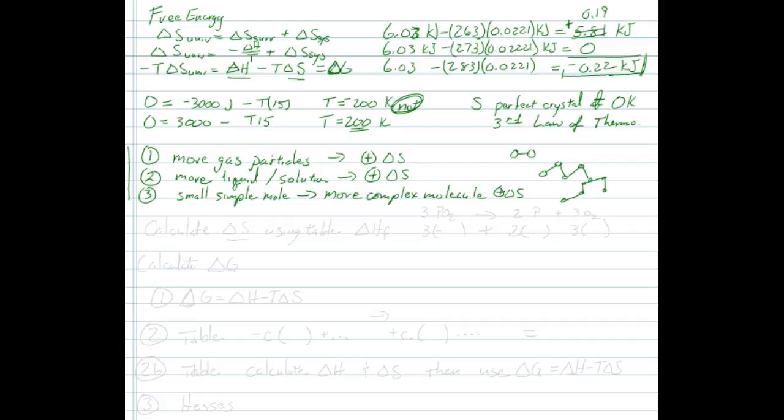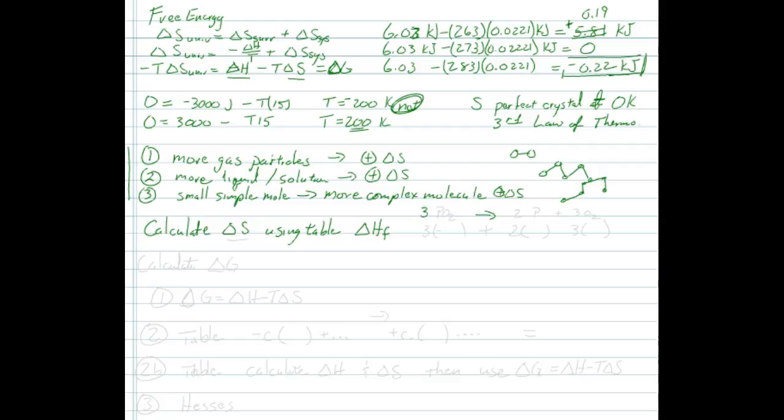You can also calculate delta S using tables, just like you did last semester with delta H formation. In fact, it's on the same appendix tables. If you have coefficients, you multiply them.